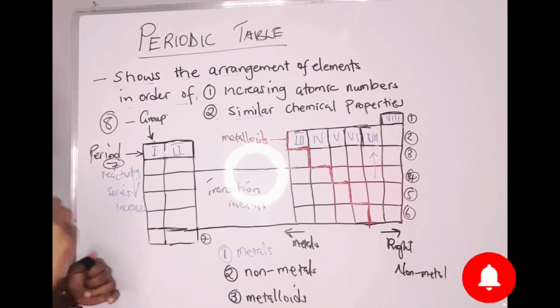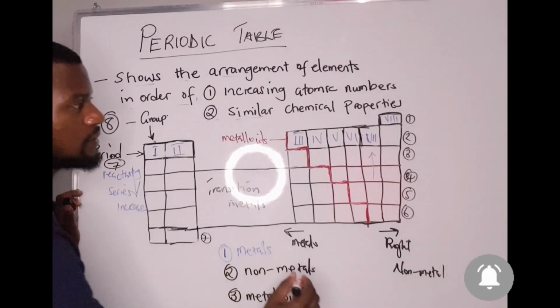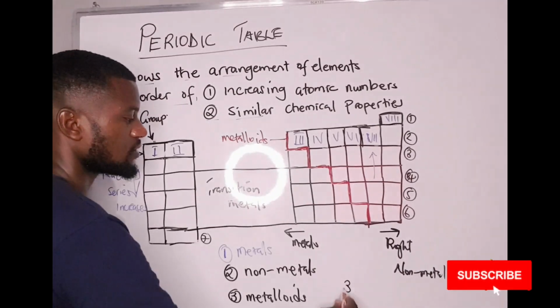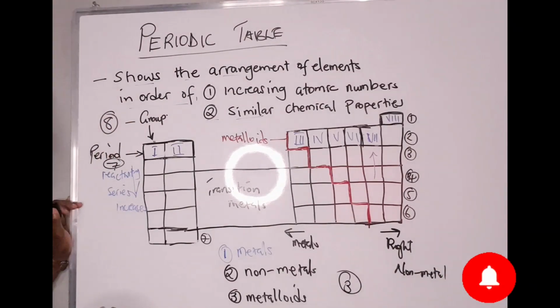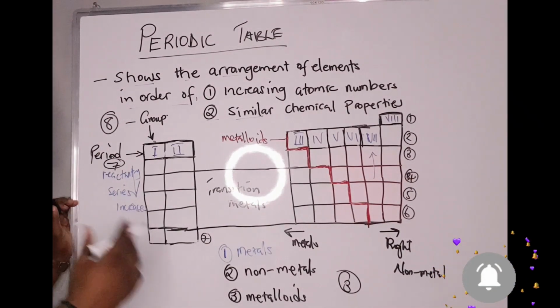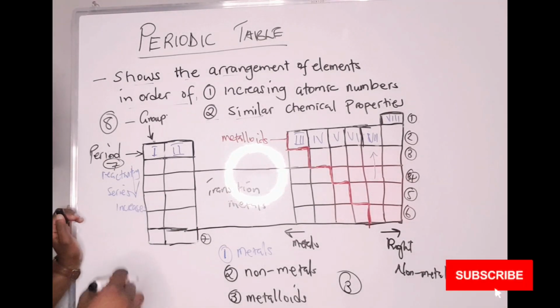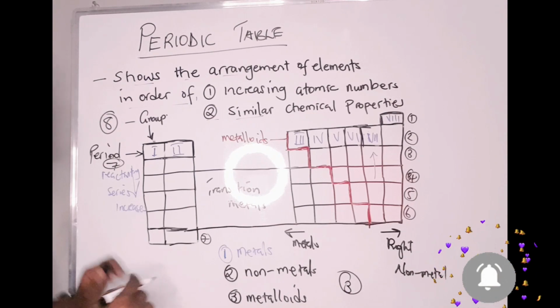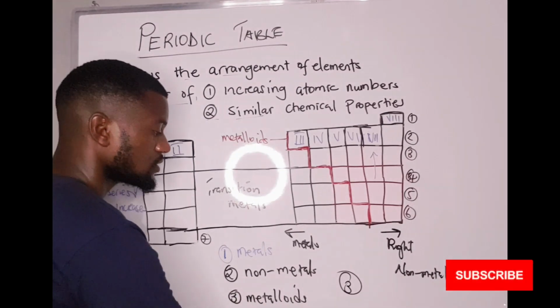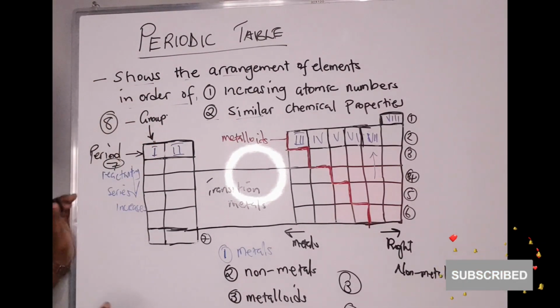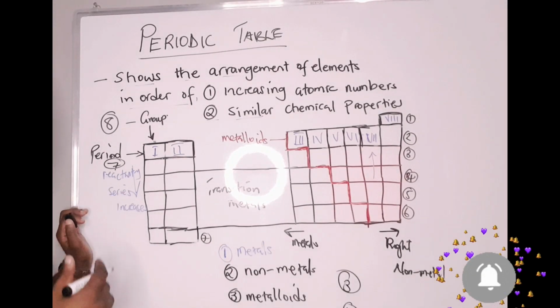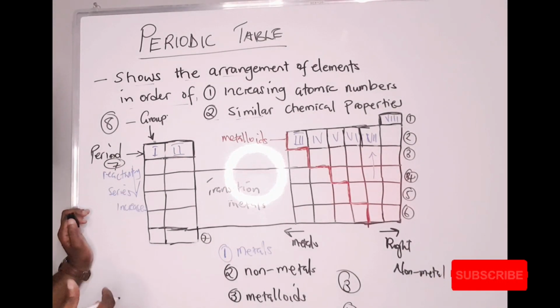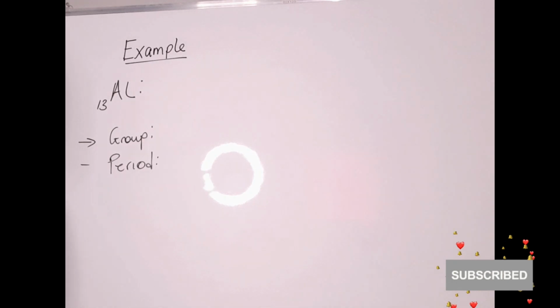So for instance, if an element has got 3 shells that are occupied, then that particular element is going to be found in period 3. If an element has got 4 shells that are occupied, then it means it is going to be found in period 4.